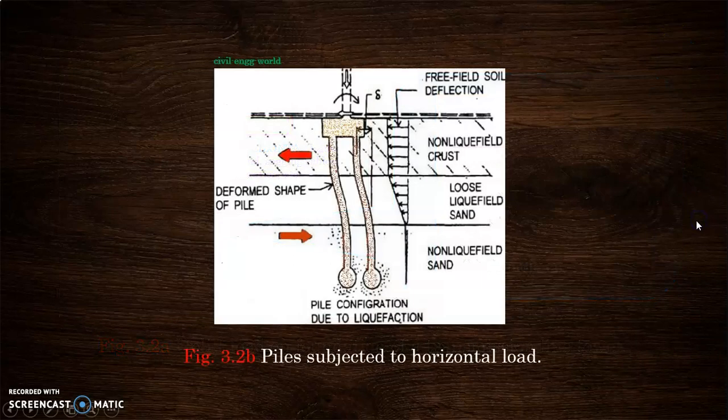Another situation where horizontal forces can be detrimental to your piled foundation, as you can see here. There are 3 layers of soil, imagine: the non-liquefied, the loose liquefied, and the non-liquefied again. Basically, this is a situation where there's an earthquake, groundwater rising quickly, and in this layer with loose sand, the water will start to push the sand particles apart, and you can imagine the sand particles literally floating around in the water matrix.